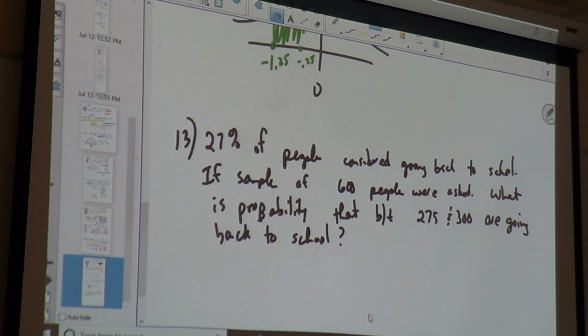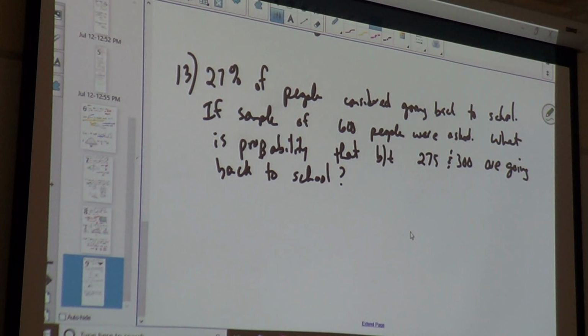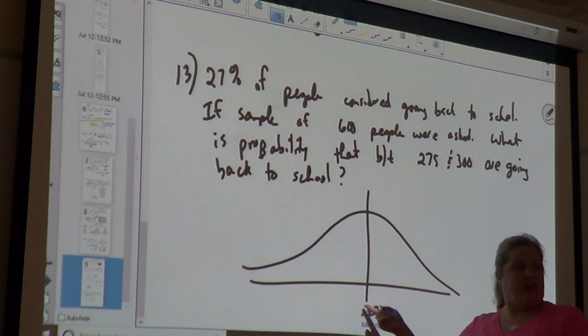Or is this a no idea problem? What is my mean? What is the mean of this problem? 0.27. Which means that all the numbers down here have to be what?